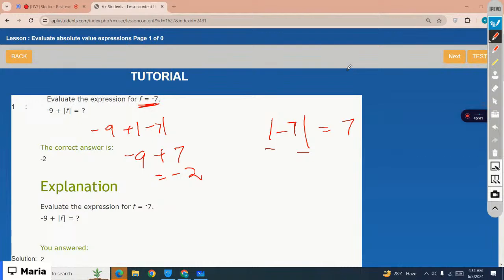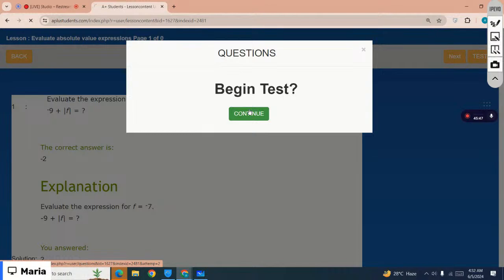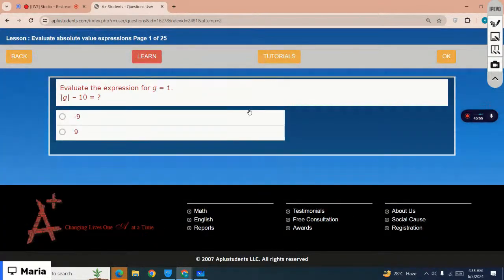Okay, let's just start with the test questions. Evaluate the expression for g equals 1.